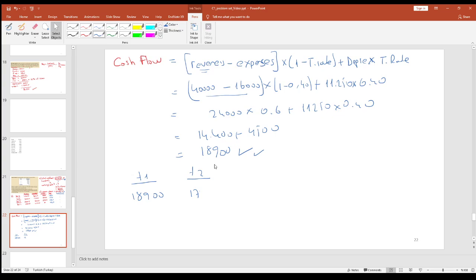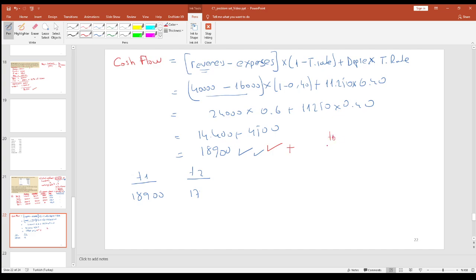Okay, just a second. I figured it out here. Now this is correct, 18,900, but we need to consider the impact of decrease in net working capital from previous year. So how to understand?